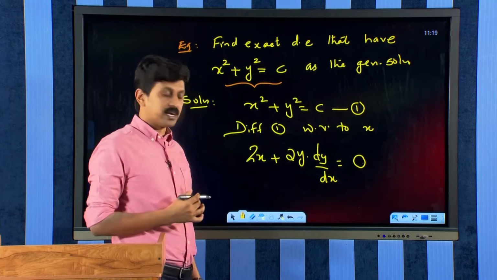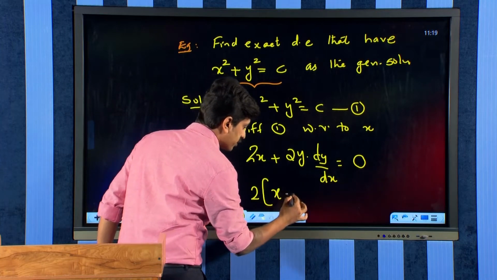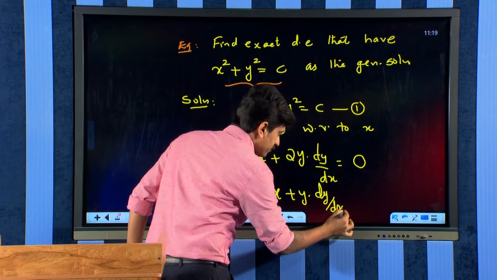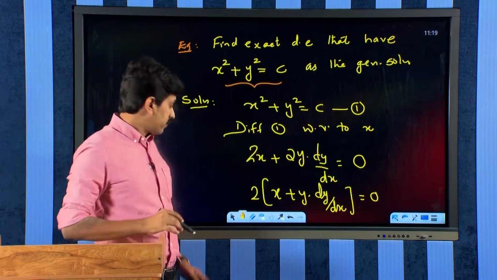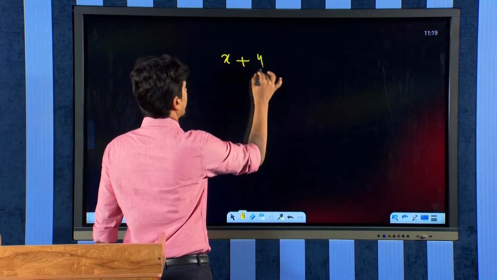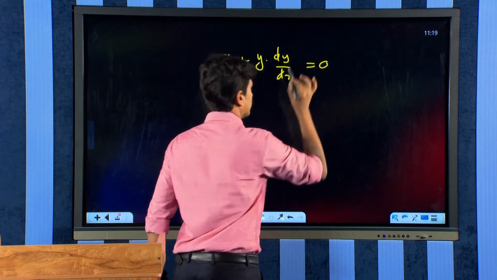From here we can take 2 outside, so we have x plus y dy by dx equals 0.